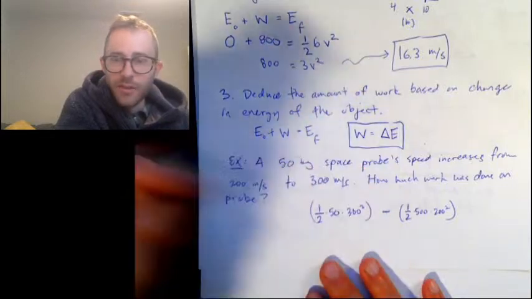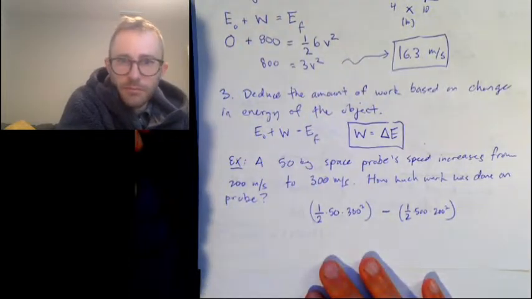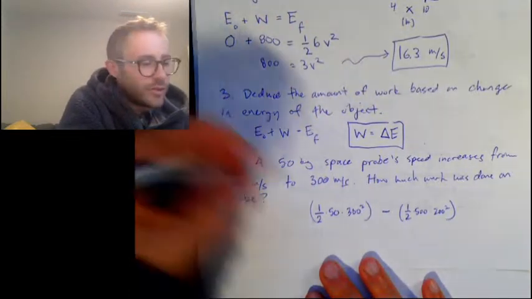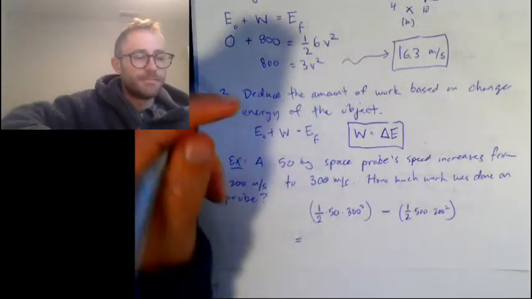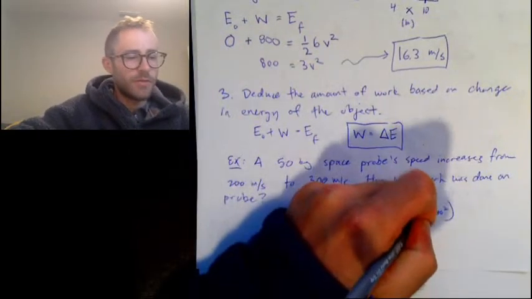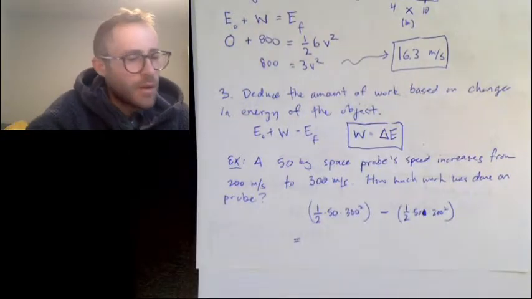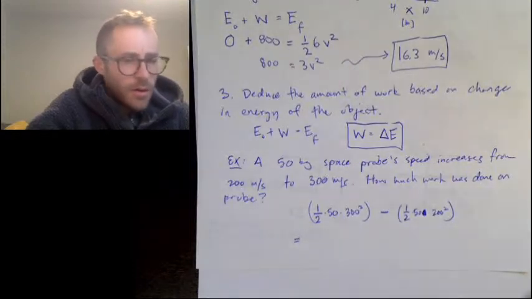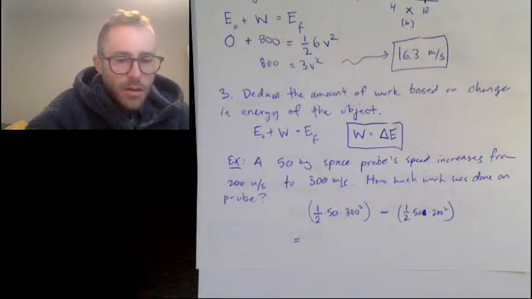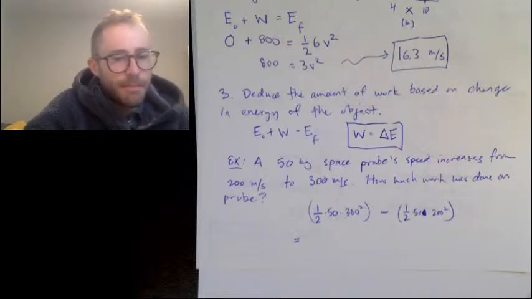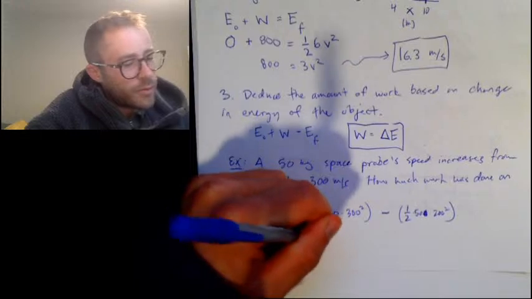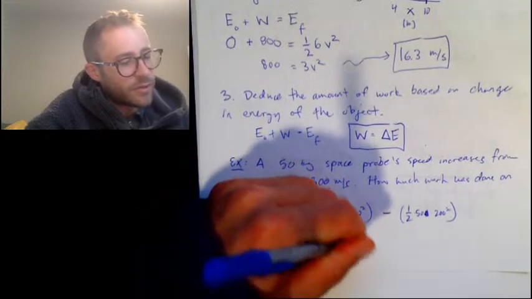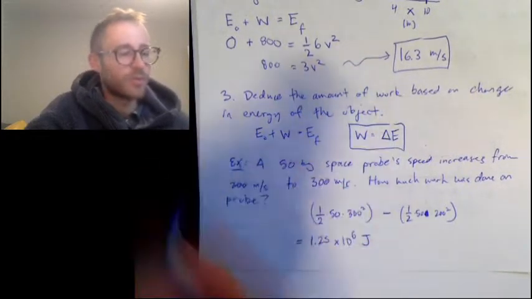Then I subtract those two. That's the change in energy, so that would be the amount of work done. Oops, I don't know why I put 500. That should be 50. And we get 1.25 times 10 to the 6th joules of work was done.